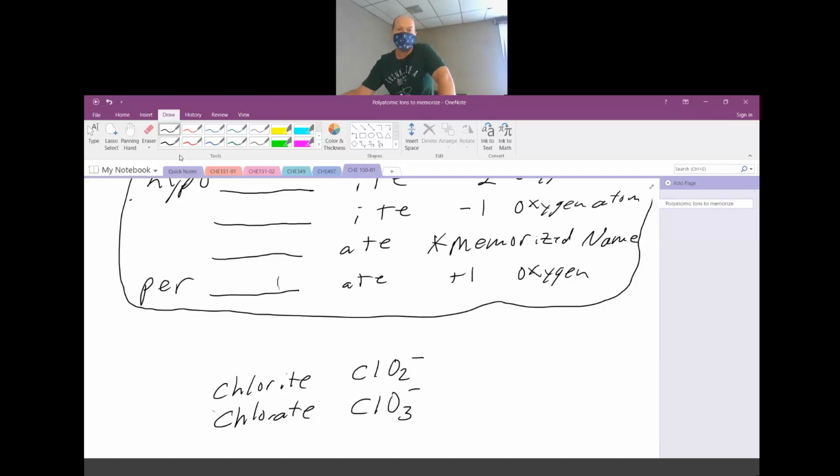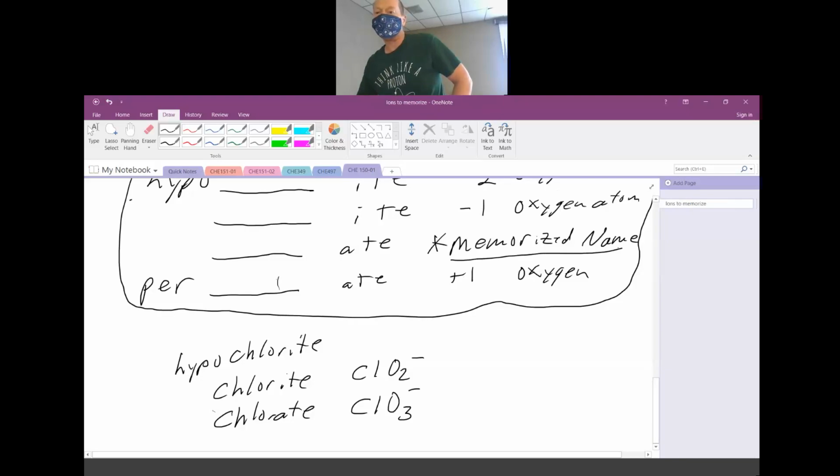All right, I'm going to go up one more, and I'm going to have hypochlorite. That says subtract 2 oxygens. So that means from the memorized name, I'm going to subtract 2 oxygens. So now I have ClO3 minus that I have memorized. I'm going to subtract 2 oxygens, change nothing else. And I have ClO minus, and that is hypochlorite.